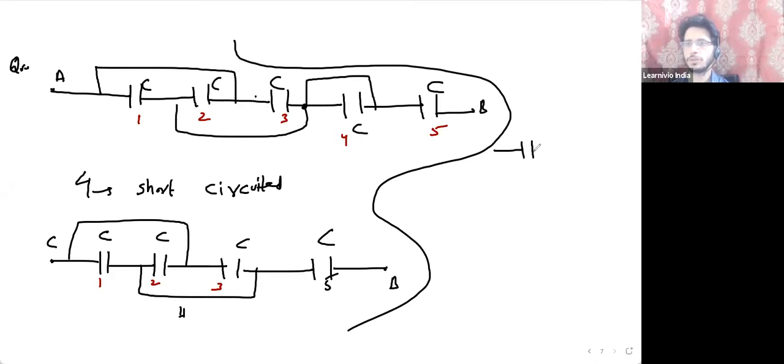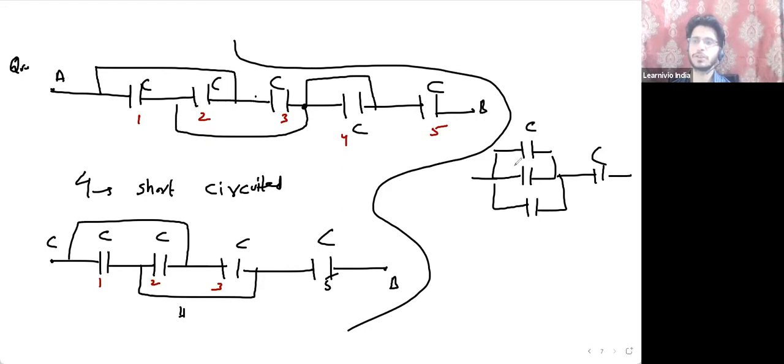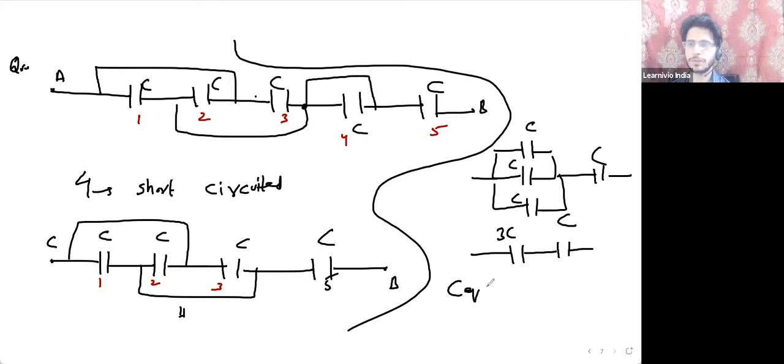These three C are connected in parallel, and with their parallel combination, this C is connected in series. C, C, C, so we'll have 3C and this C in series.